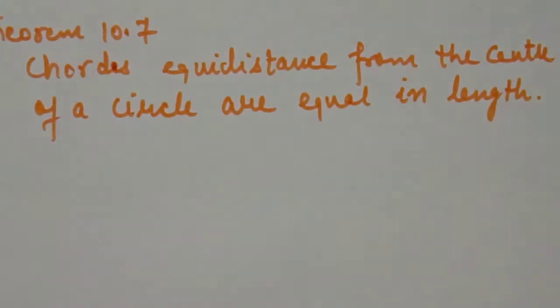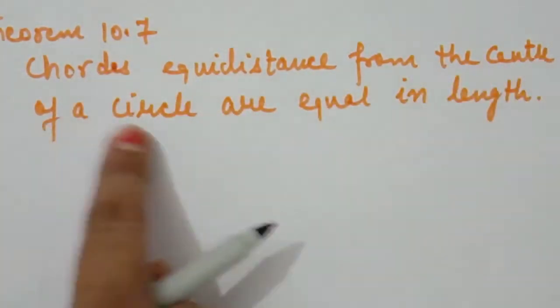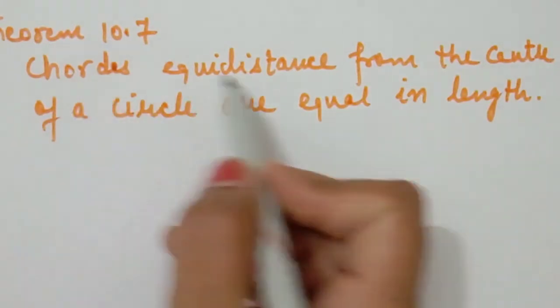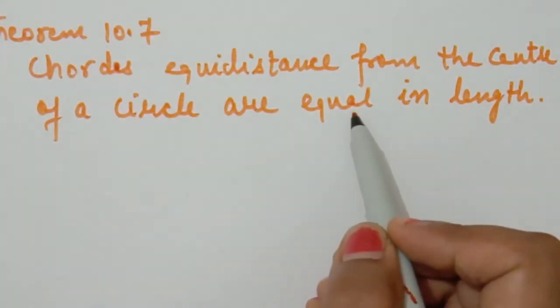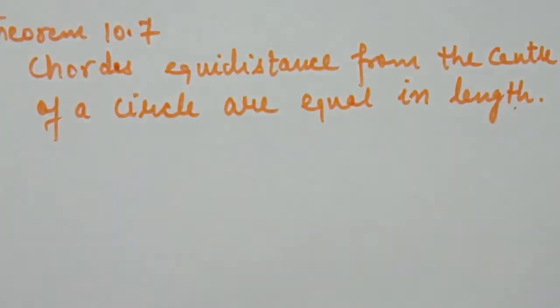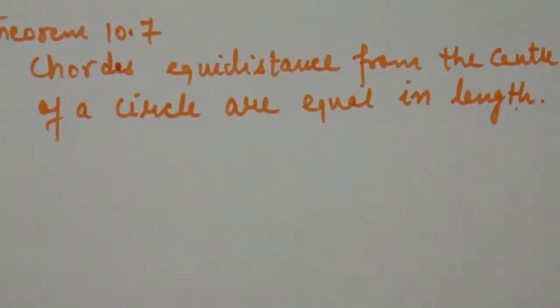So what is given? Chords equidistant from the center of the circle. It is given that chords are at equal distance from the center of the circle. We have to prove that both the chords are equal in length.